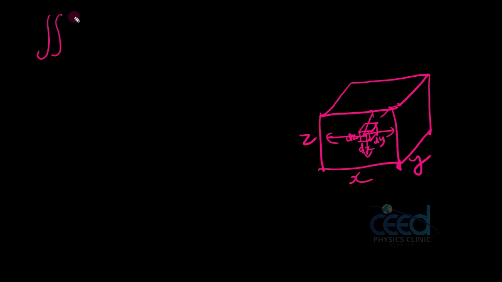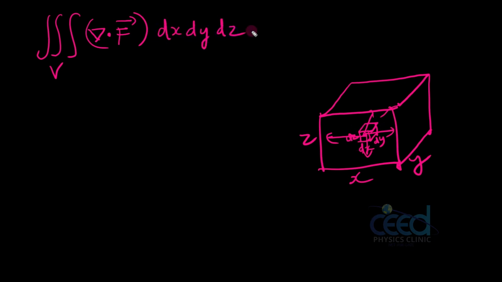If I am calculating the right hand side of the divergence theorem, that is the volume integral of div f, considering the field as f, into the volume. What is the volume of this small cube? That is dx dy dz, right?